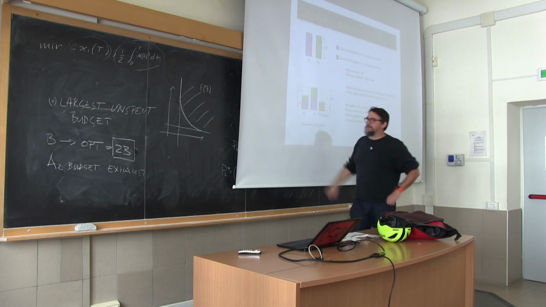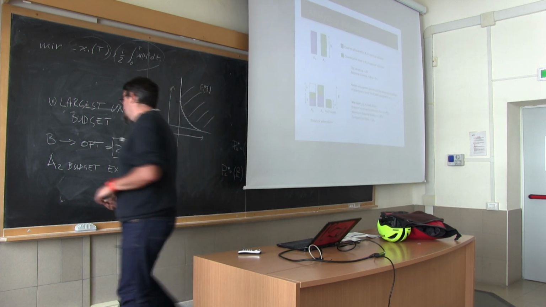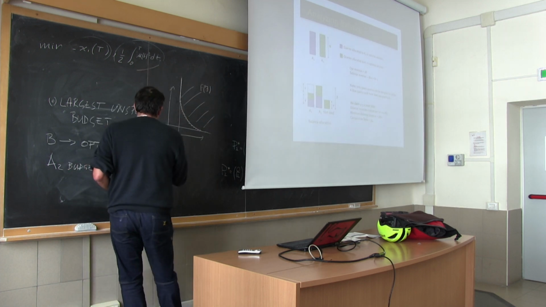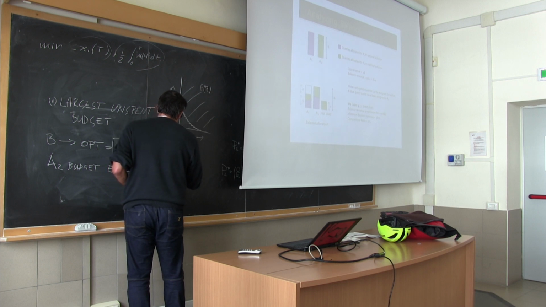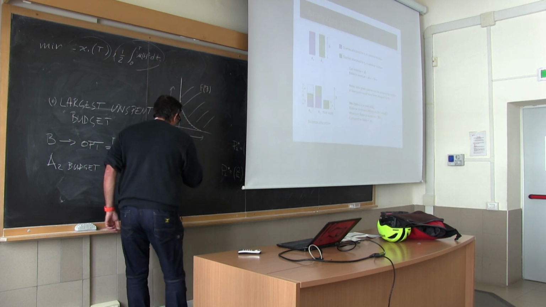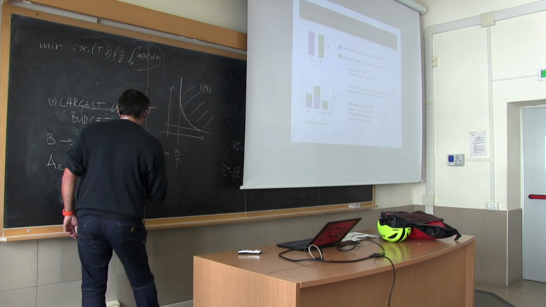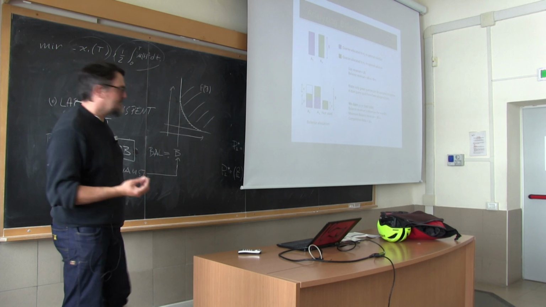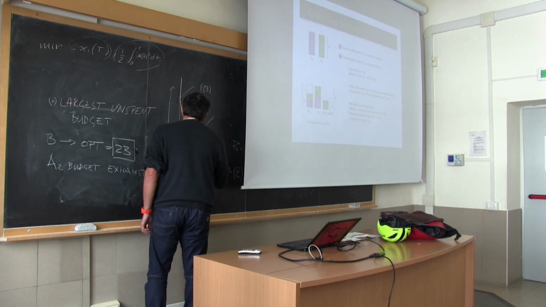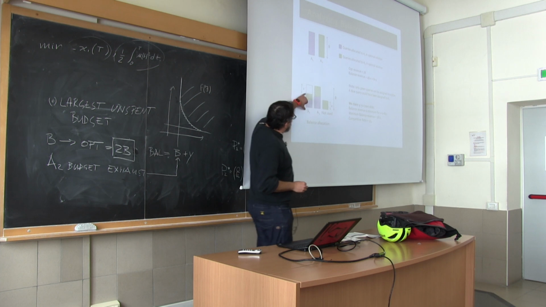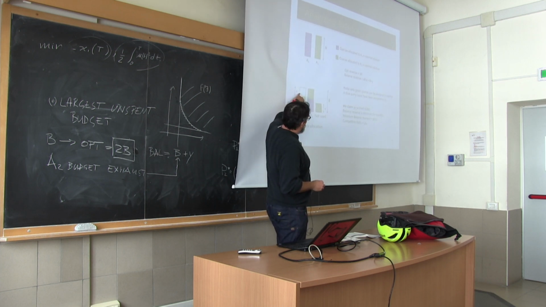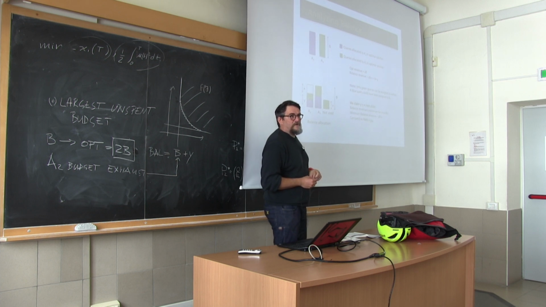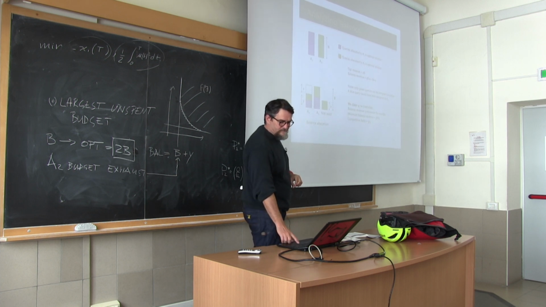So we have balance is equal to B. Why B? Because A2 is exhausted, and so we have allocated all the budget, plus Y, which is what has been allocated by A1. Okay? Good.